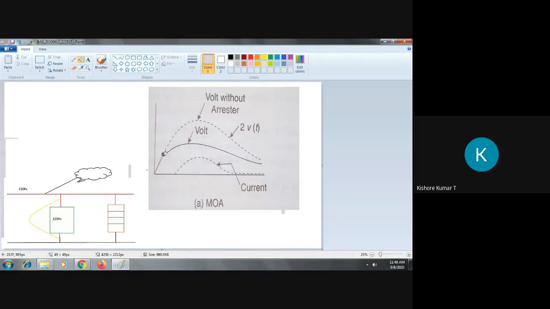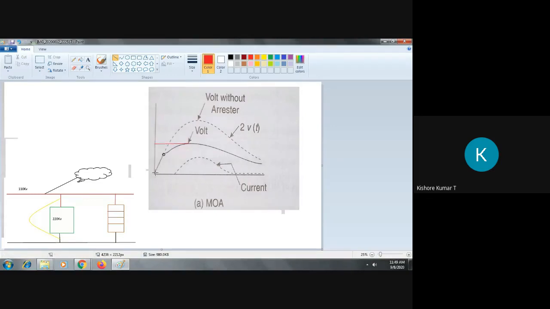You can see it clearly from this point. So this is the crest value or the maximum withstandable value of the equipment.